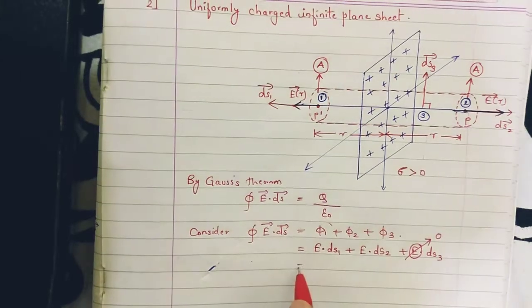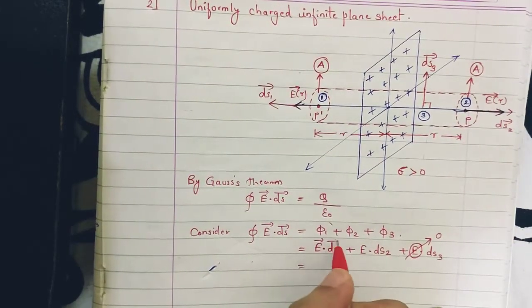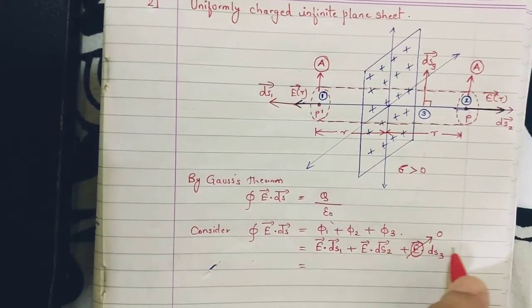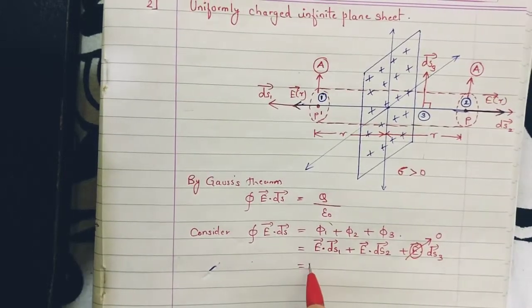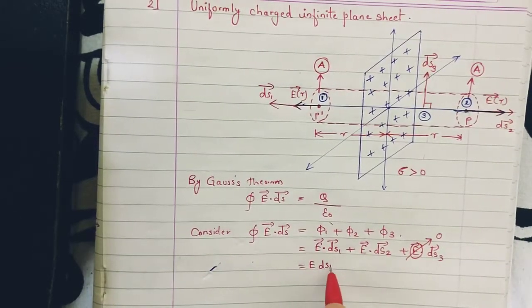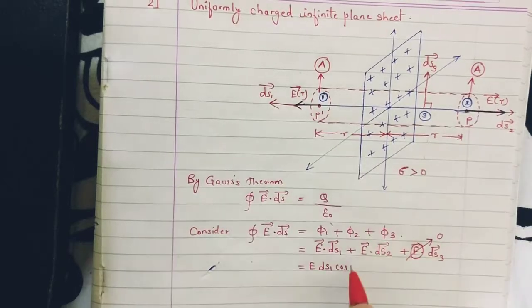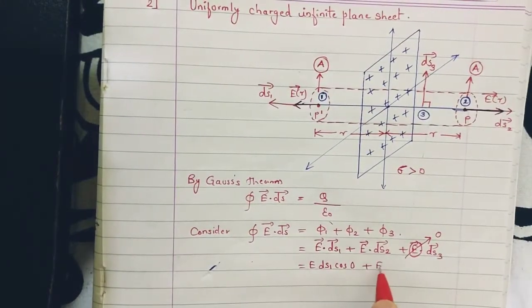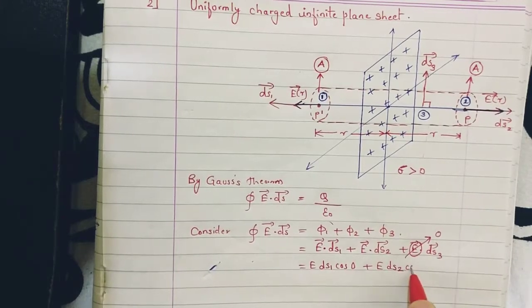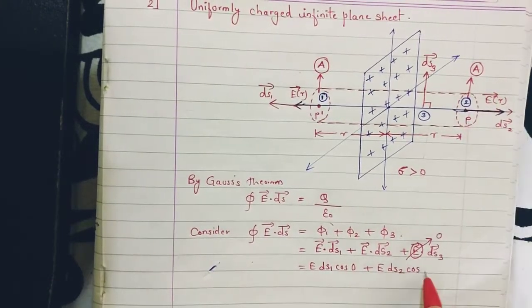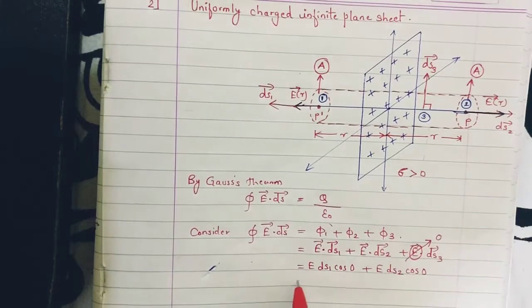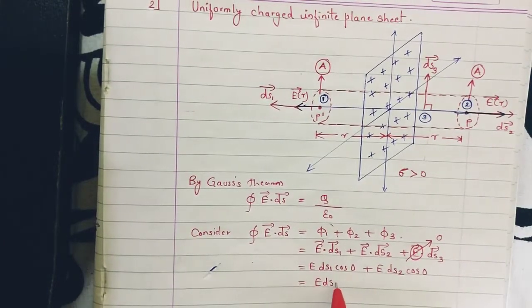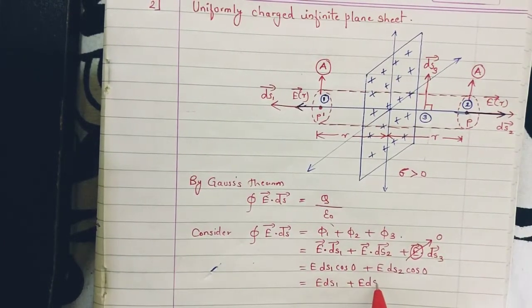So here it is going to be E into dS1 into cos 0, because both are in the same direction. Again here E into dS2 into cos 0, because both are in the same direction. So it is going to be E dS1 plus E dS2.